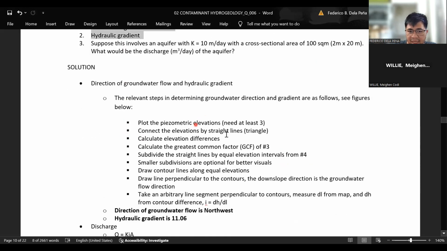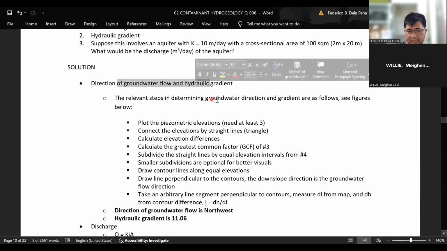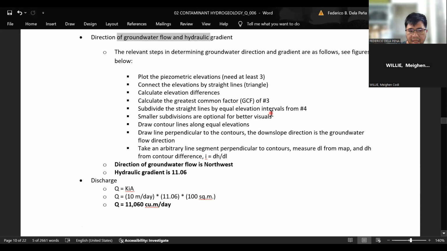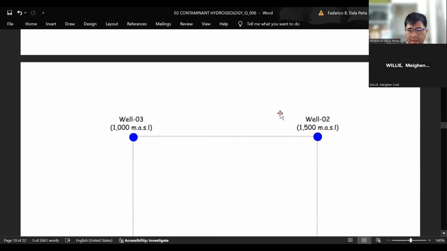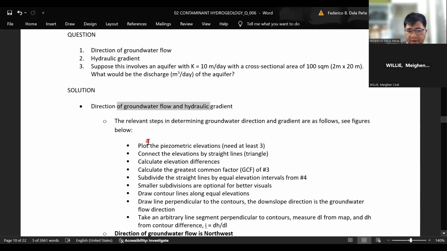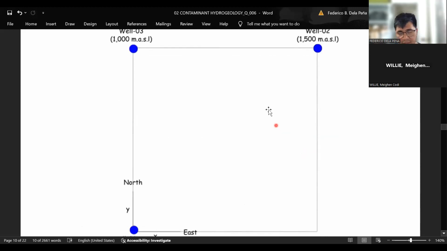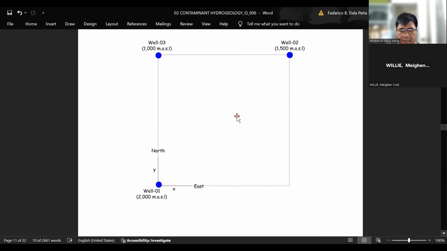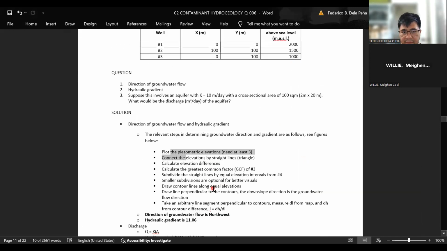All right. These are the steps in determining the groundwater flow direction and the hydraulic gradient. So this is the text version. This is the visual one. As you can see here, we just plotted the locations of the three wells using their X and Y coordinates.